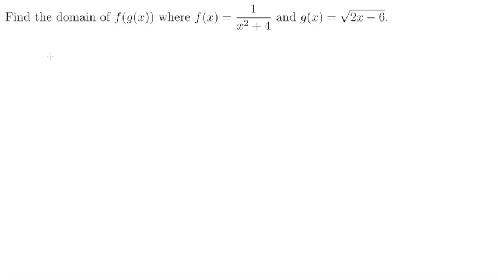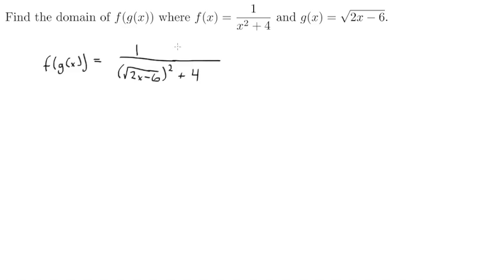If we look at what the composite function would look like, we take our f function, and everywhere there is an x, I'm going to put an exact copy of my g function. So in the x squared, I replace the x with a copy of the square root of 2x minus 6.